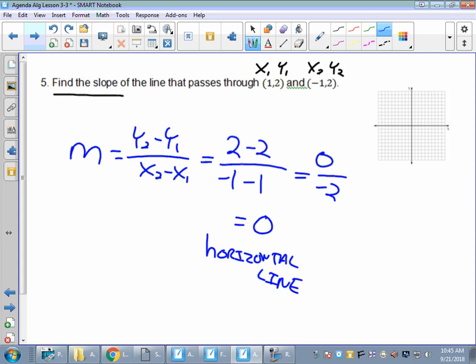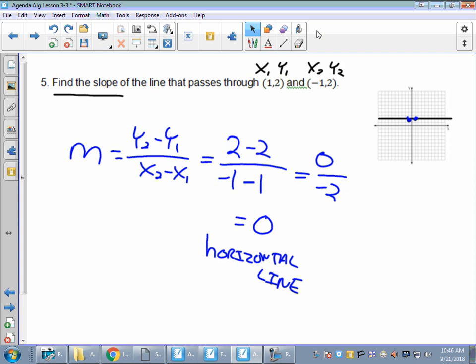Okay, and we can check that with the graph. So if we use rise over run here, let's plot these points. 1, 2 would be right here, and then negative 1, 2 would be up here. So if we drew a line through here, we'd have a horizontal line.